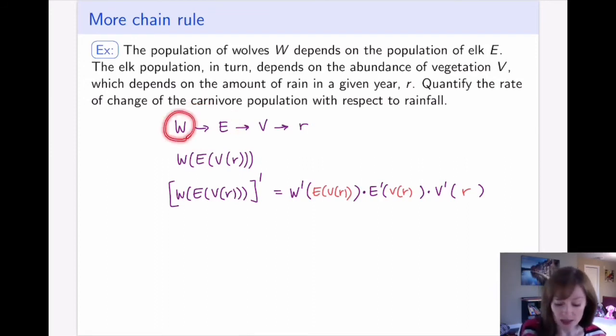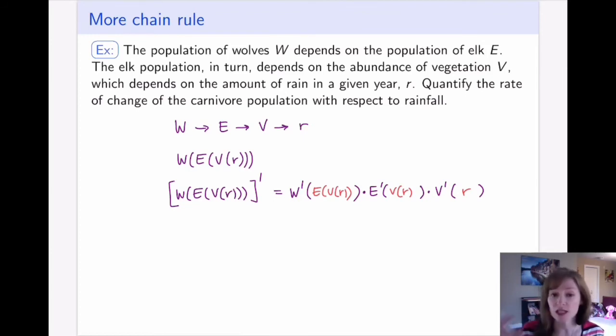So as far as W is concerned, its independent variable is E. So when I take a derivative of W here, I am doing so with respect to the elk population E, okay? But because all of these variables are present on the inside of the W, it might be difficult to track that. This is also where the other notation for derivatives might come in much handier, as it would in many word problems.